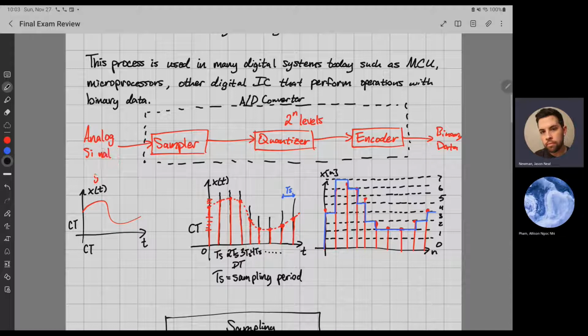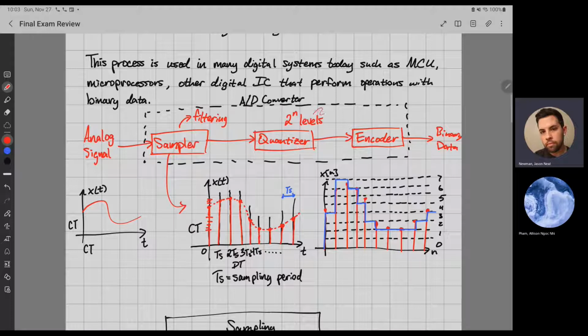The analog signal, you start off with the analog signal. This is what it looks like. It goes in, goes to the sampler. The sampler is the device that does all of the filtering. And the sampler produces this graph, which is continuous time in the y-axis, discrete time in the x-axis. And then you go to the quantizer afterwards, which is produced by 2^n number of levels.